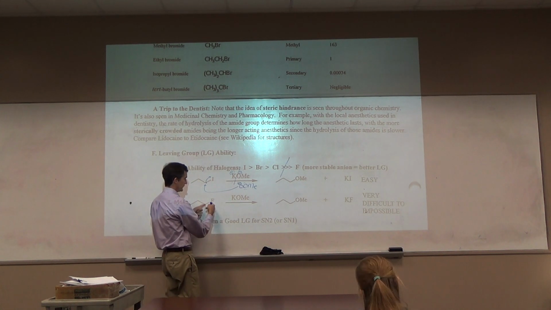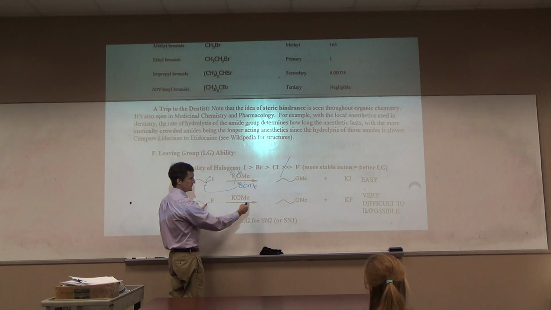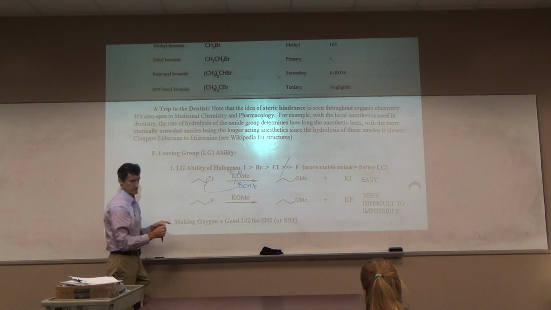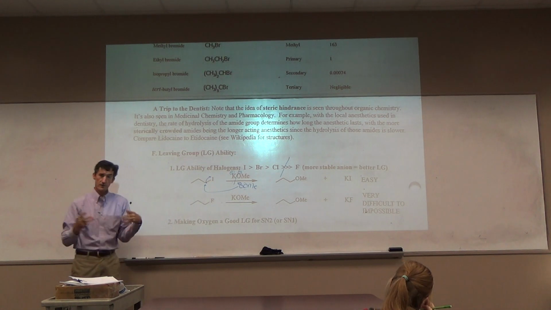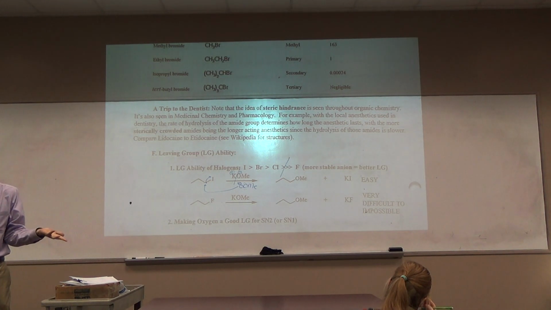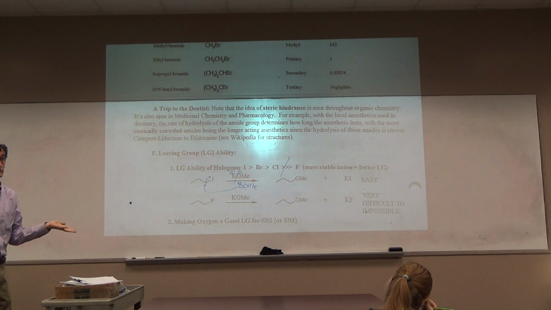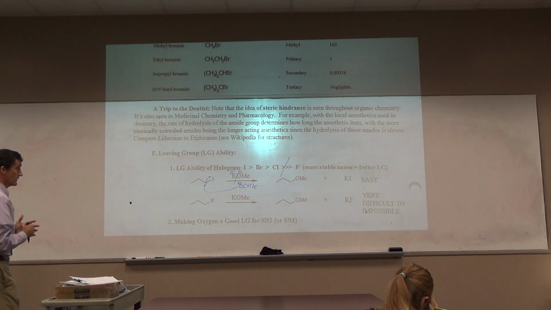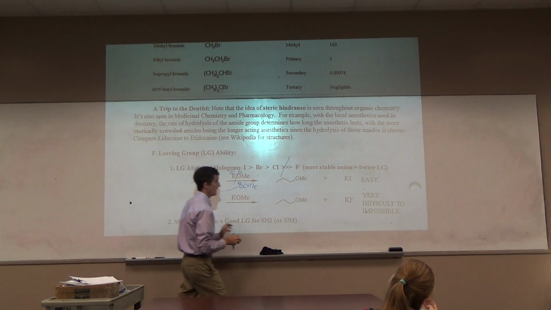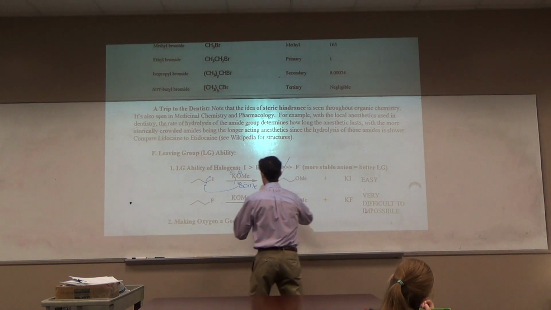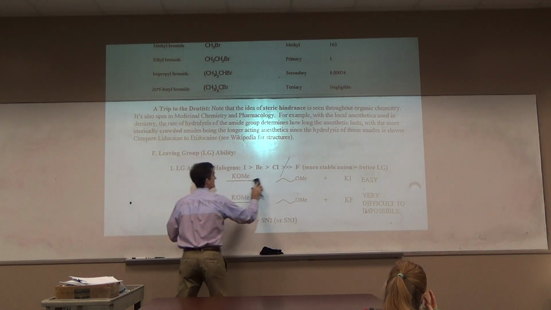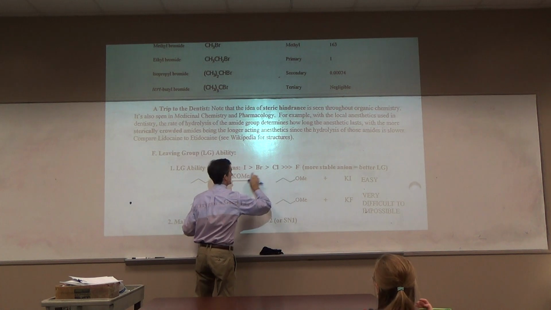But it will not kick off the fluoride. Very difficult to nearly impossible to do this. Thus we say that the fluoride is not as good a leaving group. It doesn't want to leave. Right? Yes, that's it. So this is your trend.